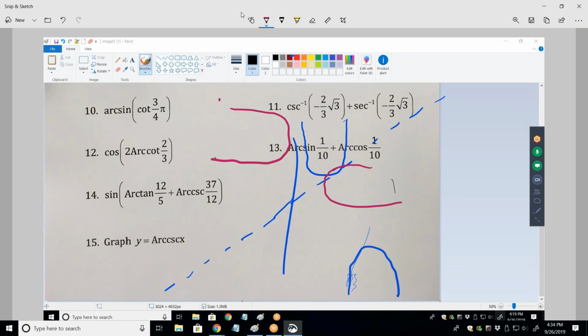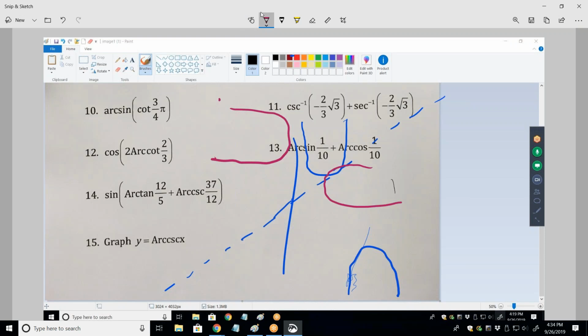In the same way that they restrict the domain when they figure out inverse sine. They restrict the domain from minus pi over 2 to plus pi over 2. Then you end up with a true function when you take the inverse function. And we're going to have to do that here.